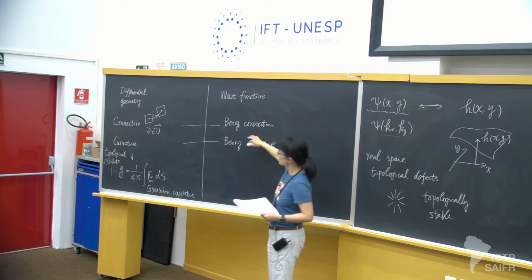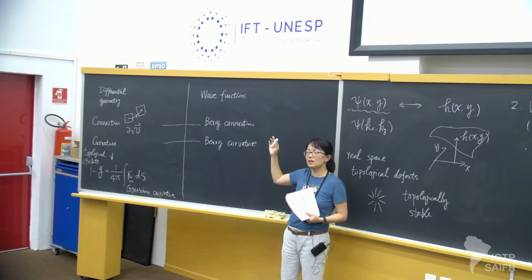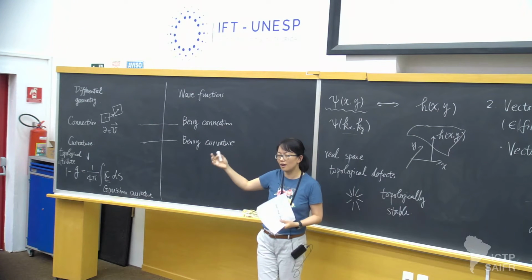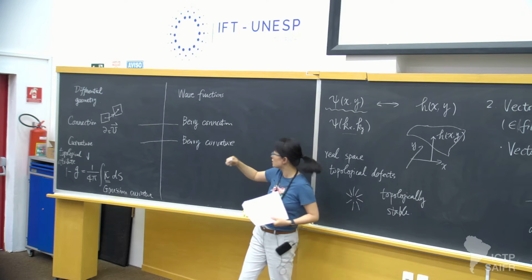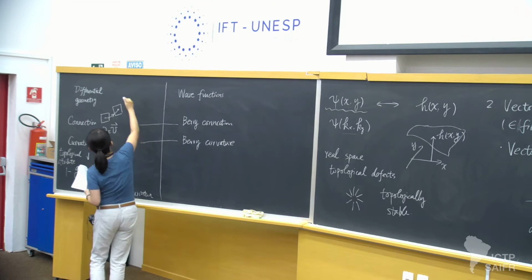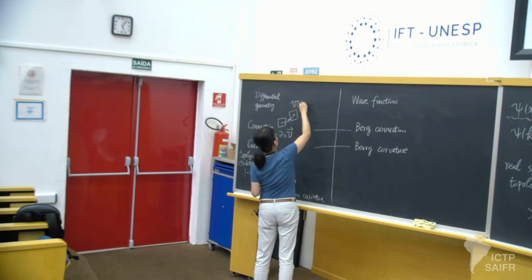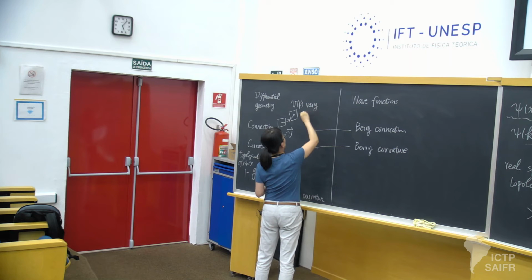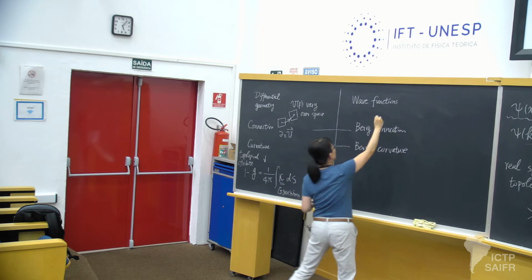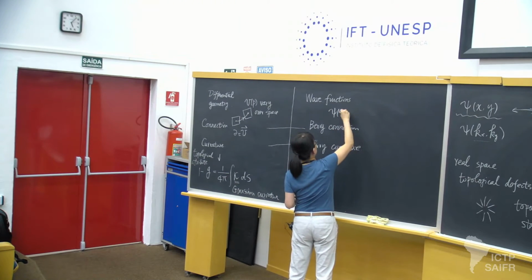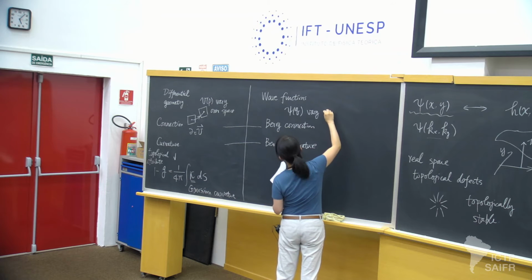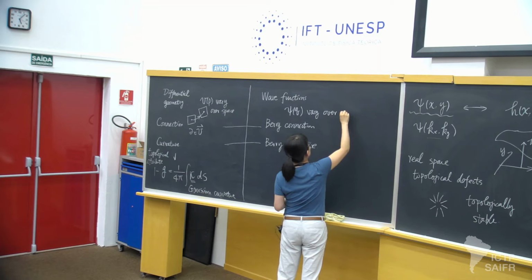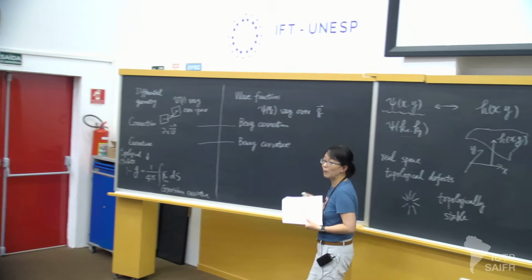And what they describe is basically how the phase of your wave function varies from one point to the next point. So here it is how V of P varies over space. And here it is how your wave function in momentum space varies over the change of your momentum.